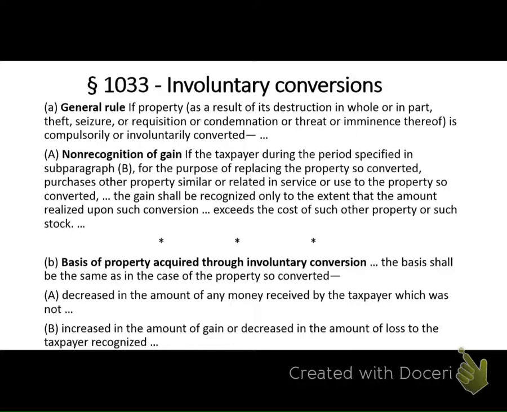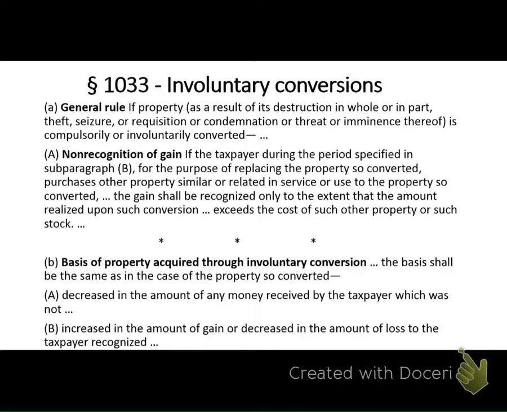So in that case, the amount that I received upon the conversion exceeds the cost of the other property, right? It exceeds it by $20,000. However, I can only recognize gain to the extent that I have gain to recognize.